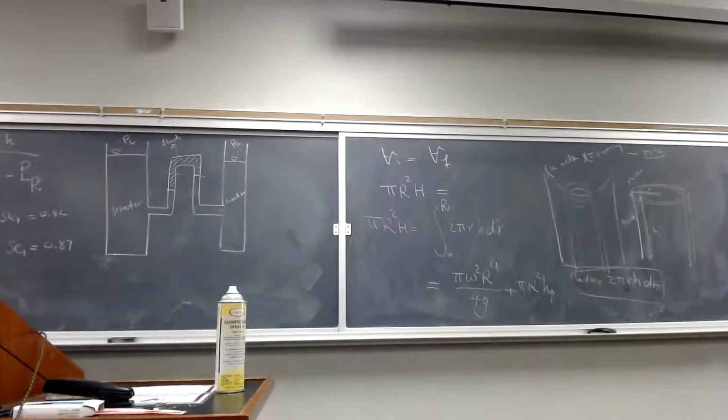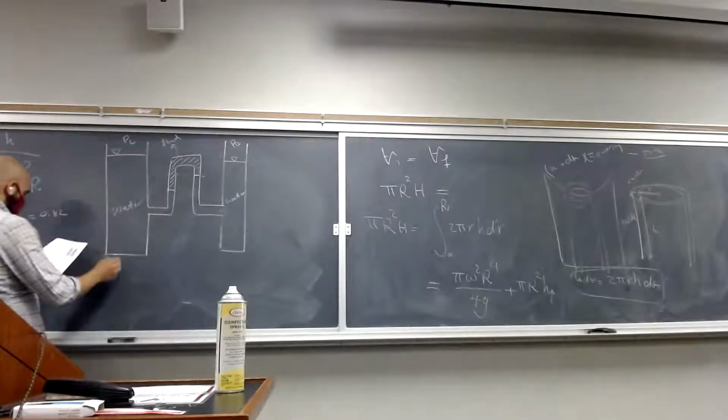And we have the normal octane with a specific gravity of 0.71. We want to see which of these manometer fluids is going to give us the highest sensitivity. So which of these is going to give us the highest sensitivity, this SEN? You want to find this maximum here.